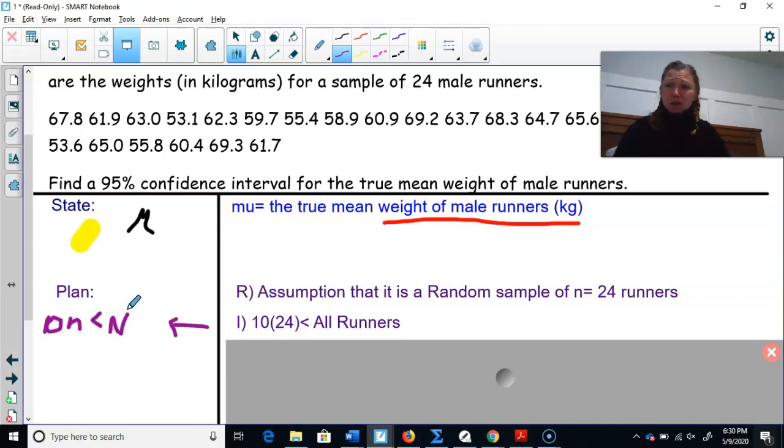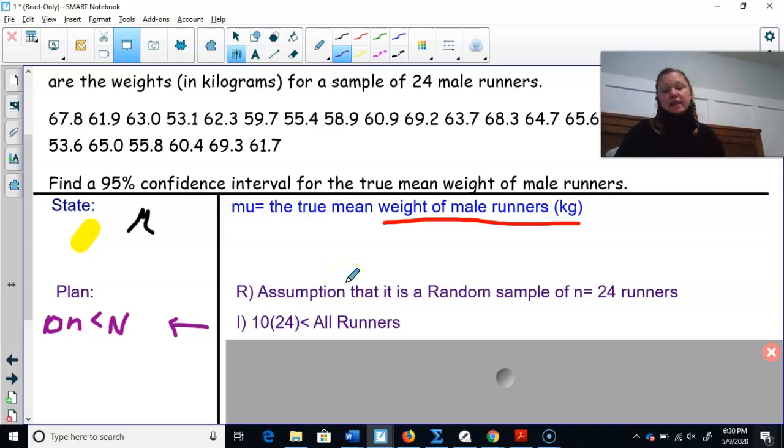And often we don't know the population size, and we don't know the population of all runners in this case. So I'm going to take 10 times 24 because that's our sample size. It has to be less than all runners, and that's very plausible. I think there's many more than 240 runners. And to be honest, I should have put male runners, but it's okay.